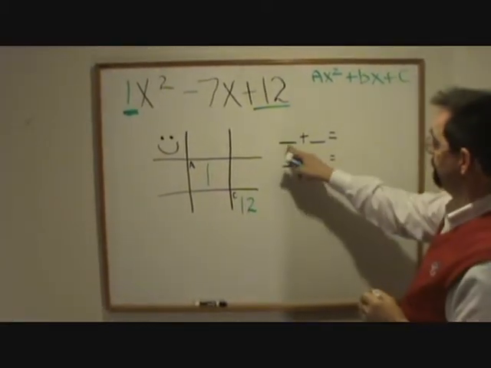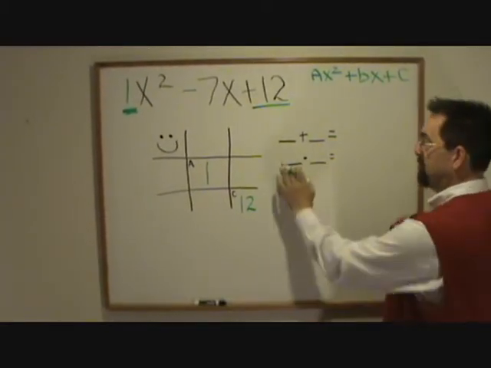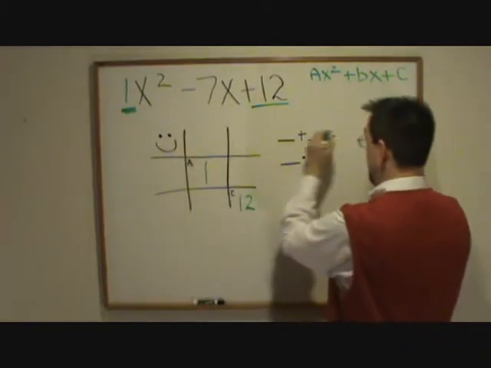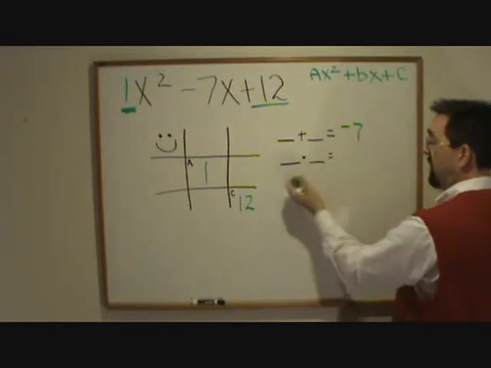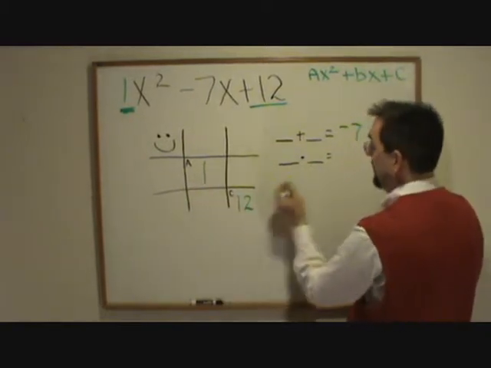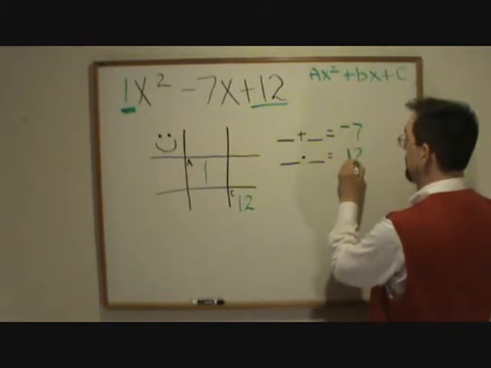Now, we know when we're trying to factor, we want to find 2 numbers that add together to get minus 7, and 2 numbers that multiply together, a and c, to give us 12.